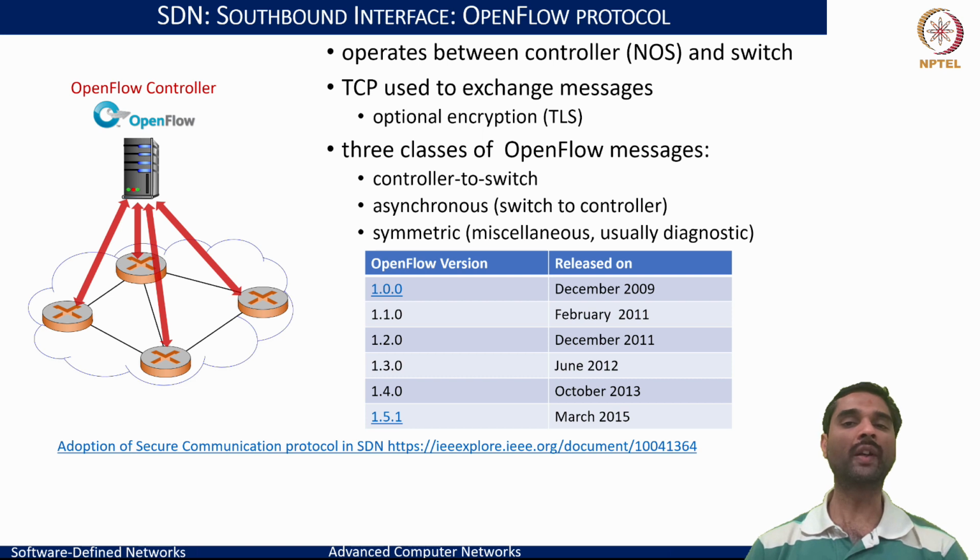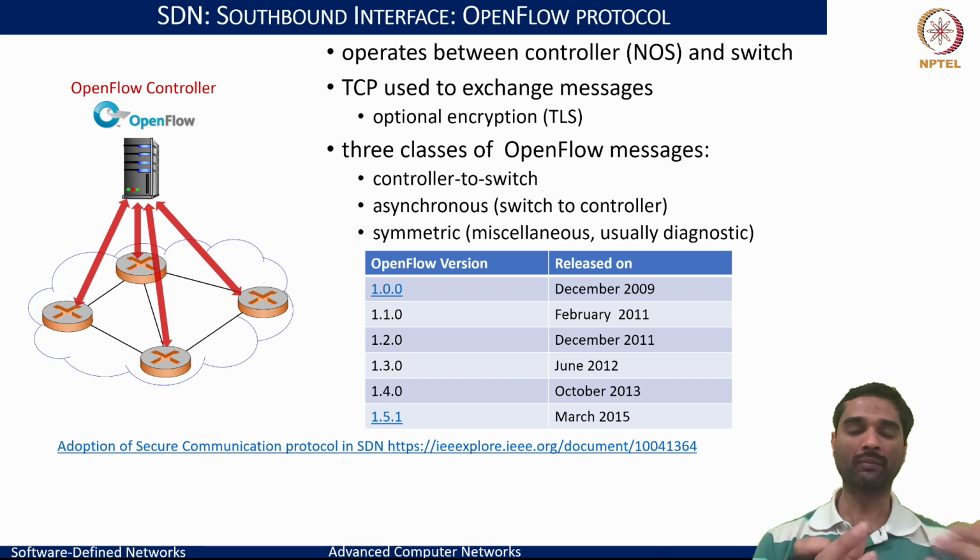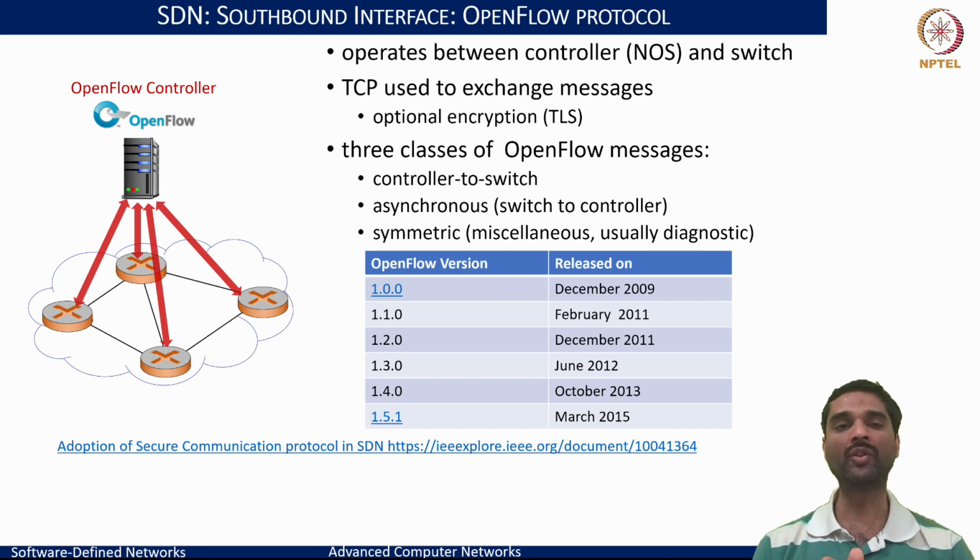To facilitate this communication, the TCP protocol is used to exchange the messages. Often, this can also be encrypted, and we could use any of the TLS variants to facilitate secure communication for the southbound APIs.